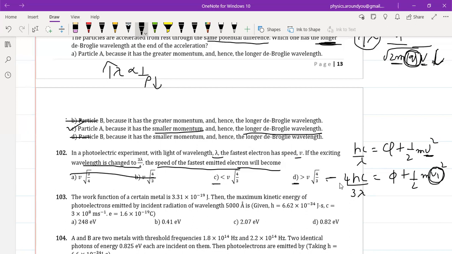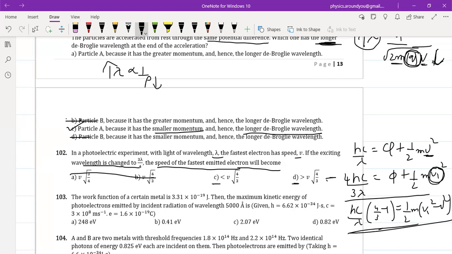When I subtract the two equations, hc by lambda times, if I take it common, 4 by 3 minus 1 is equal to half m times v1 square minus v square. Okay, so from this, what do I get? I get hc by 3 lambda is equal to half m times v1 square minus v square.